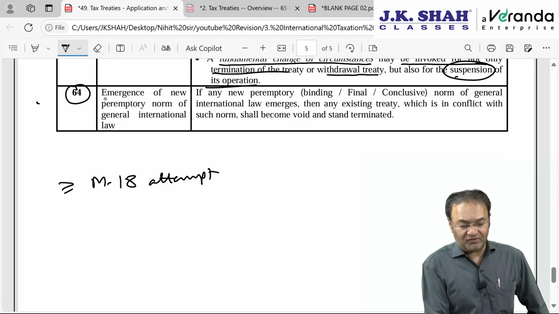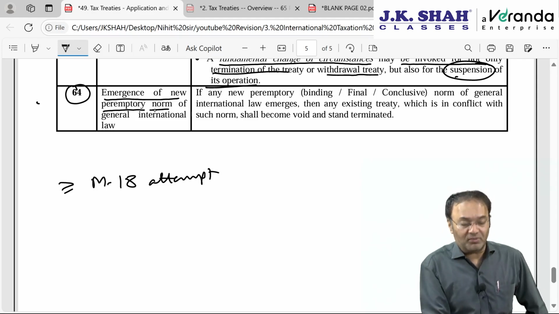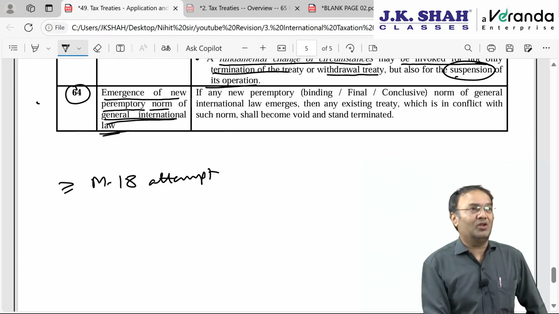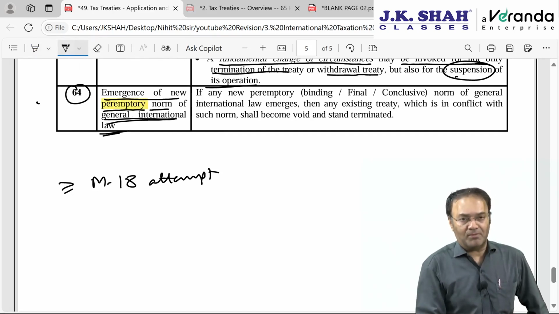Okay, now the 64th and last article, then this chapter will be over. Emergence of a new peremptory norm. Emergence means the rising of, coming into existence of, a new peremptory norm of general international law. What is peremptory? Peremptory means binding, legally binding, having a binding effect.